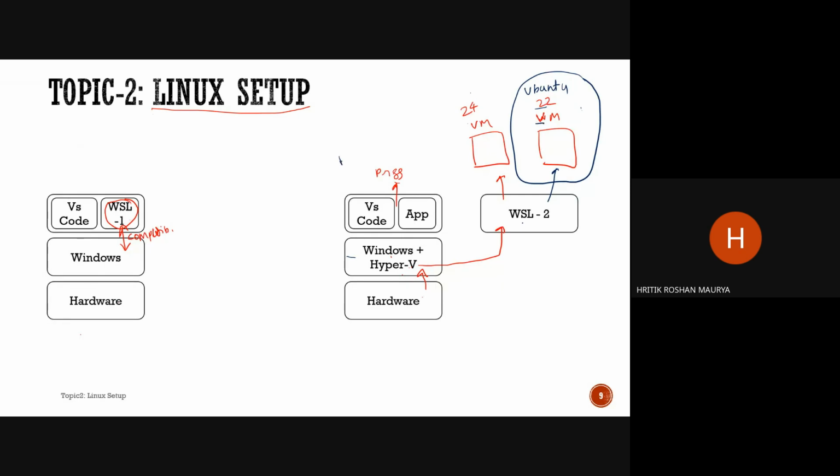You can call the other the physical machine, maybe the terminology might be wrong, and this is the virtual machine. So this is a separate operating system, just like running Mac OS.